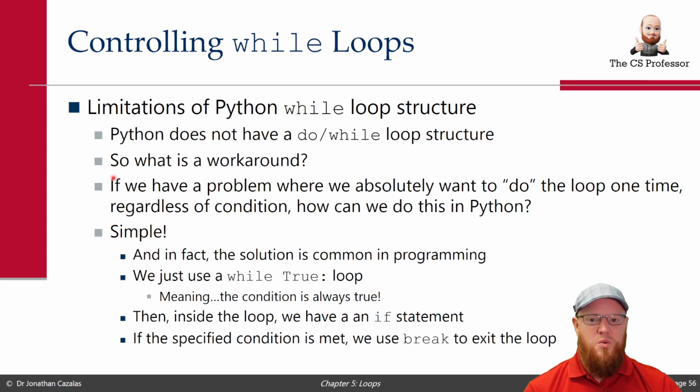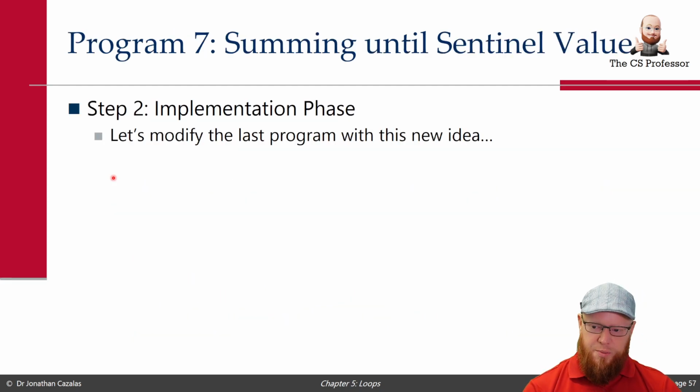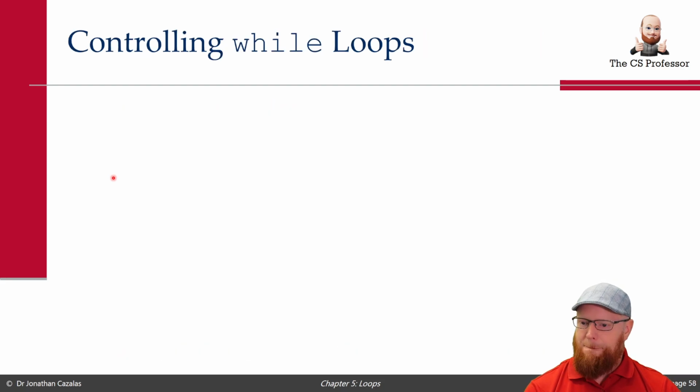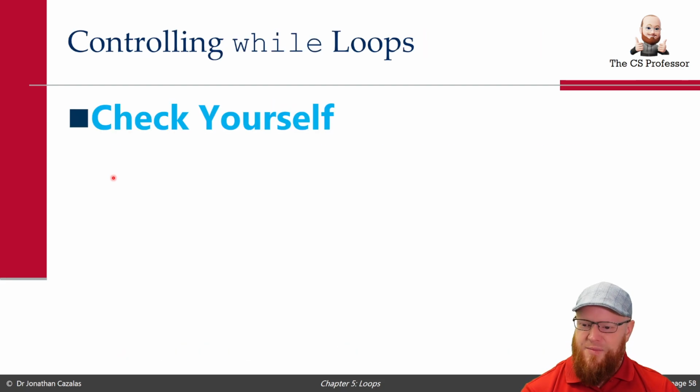So that's another very effective way of controlling while loops with this while true. And then inside the while true, you put an if statement. And if that condition is met, then you would break out of the loop. So here is how we could have redone that loop, which I just showed you on the slides, in code, in Thonny.